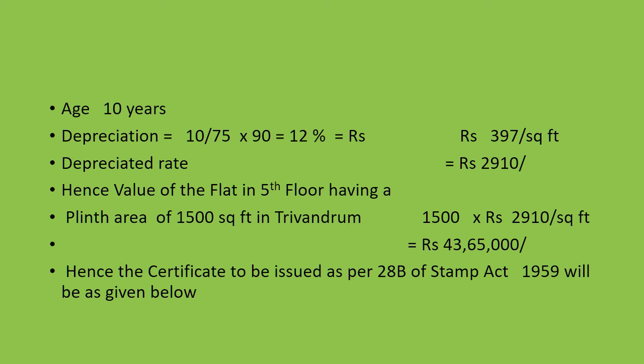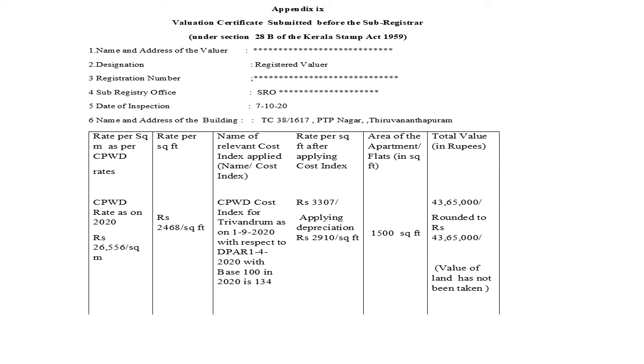Hence the value of the flat on the fourth floor having a plinth area of 1,500 square foot in Trivandrum is equal to 1,500 into 2,910, which is equal to 43 lakhs 65,000. This is the sample certificate to be issued.